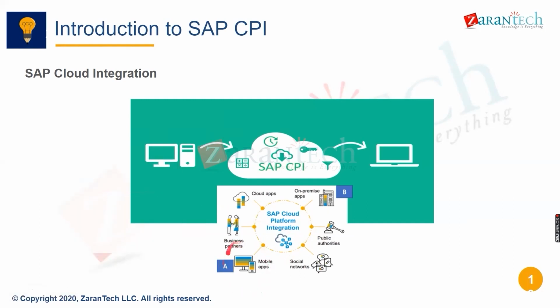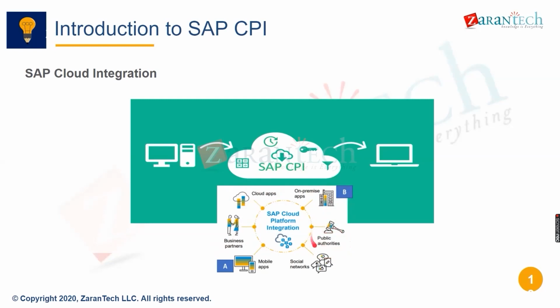I have mobile applications and business partners like Pepsi and Coca-Cola. These are called business partners or vendors. Then cloud applications like SuccessFactors, Ariba or Concur, and on-premise applications like ECC and databases installed on-premise.